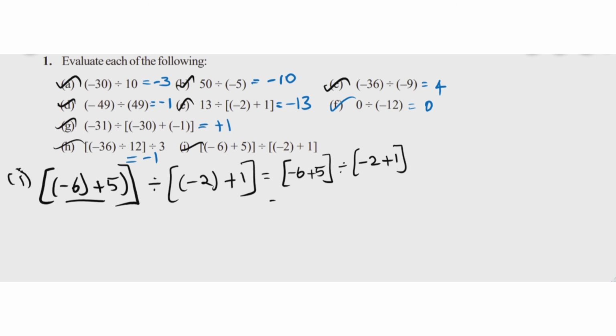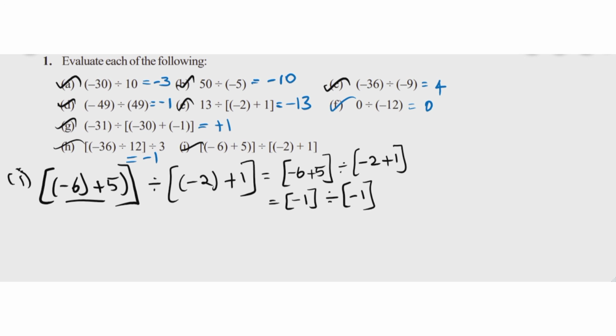So what is minus 6 plus 5? 6 minus 5. What is 6 minus 5? We get 1. But we have to insert minus, right? So minus 1 because 6 is greater. So minus 1 divided by, what is 2 minus 1? It is nothing but 1. The greater symbol is minus. So minus 1. So we get our answer minus 1 divided by minus 1.